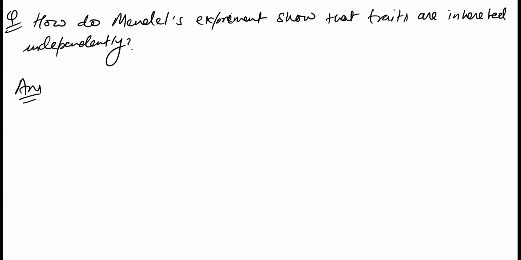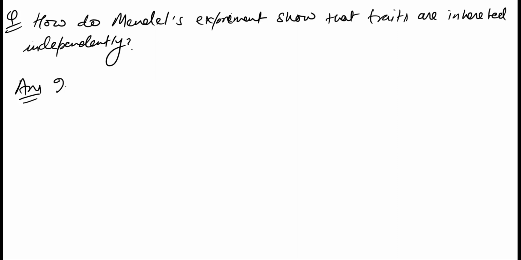So what's the answer? In Mendel's dihybrid cross, we did the experiment with round yellow and wrinkled green, but we got new contrasting characters, or new recombinant characters, that were not taken. This is only possible if we have a separate gene for each trait. There is a separate gene for round, a separate gene for wrinkled, a separate gene for green and a separate gene for yellow, and they are able to rearrange themselves independently.